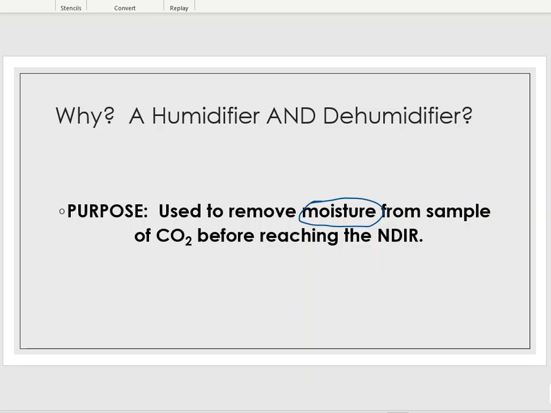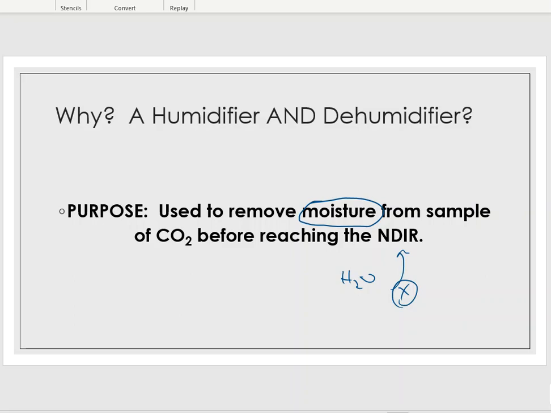And one of the reasons is because water can actually destroy or slowly destroy the NDIR detector if I'm not careful. So if something's going out, and that's my dehumidifier, it is not removing the extra water that's from my CO2 as it pumps out of that combustion tube. And that extra moisture can make its way into the detector, and that extra moisture will start to corrode the inside of that detector and begin to make it malfunction.